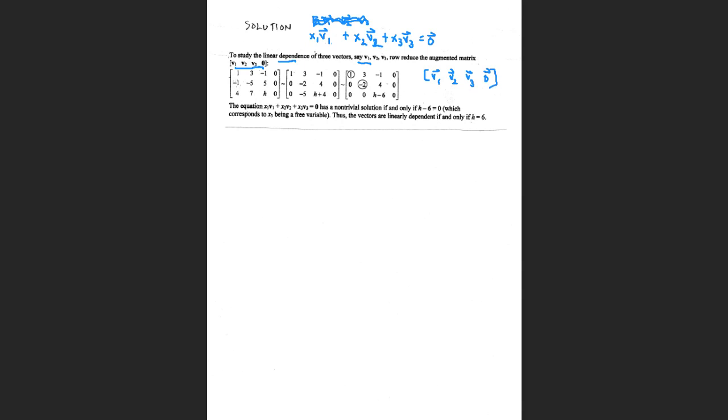So this vector equation here reduces to this augmented matrix. And this is how we denote the augmented matrix symbolically, right? So we're going to do row operations to get the augmented matrix down to this form here in the third matrix.